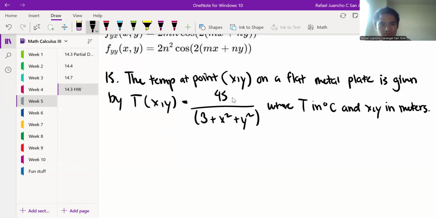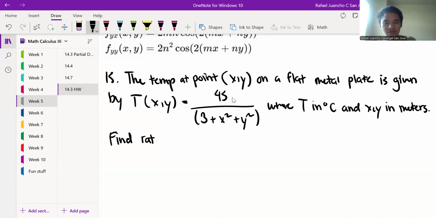Okay. And we're being asked to find the rate of change with respect to the distance at the point. And so here we're basically finding the partial derivatives of two things, right?